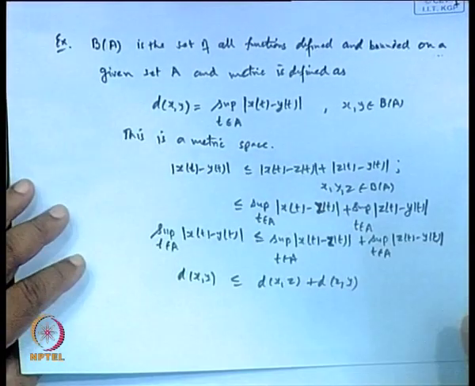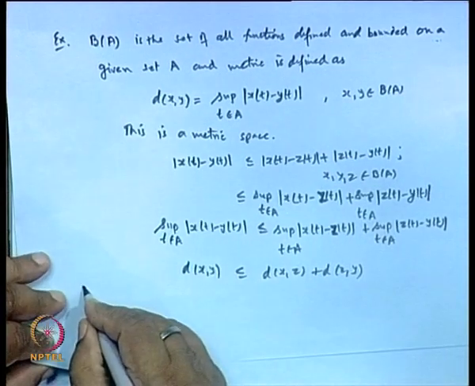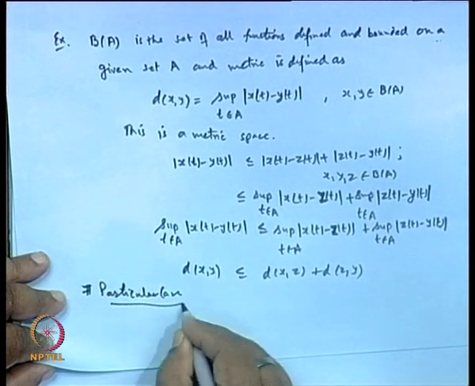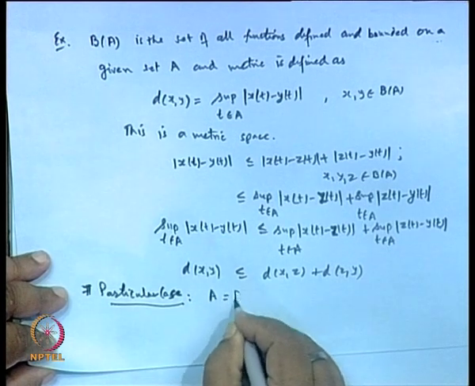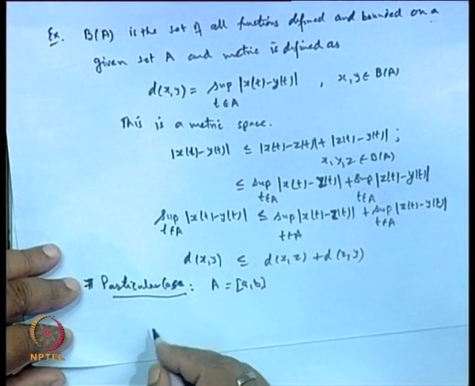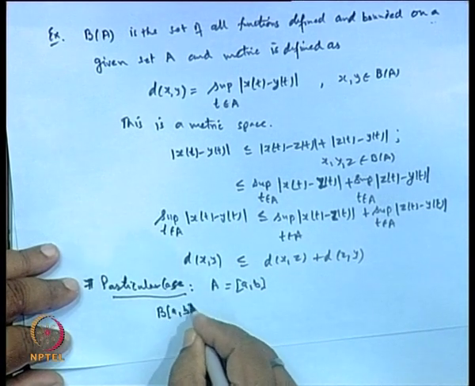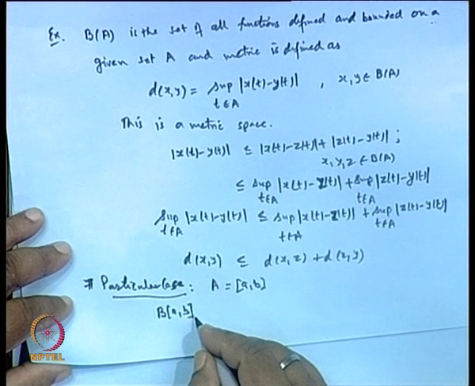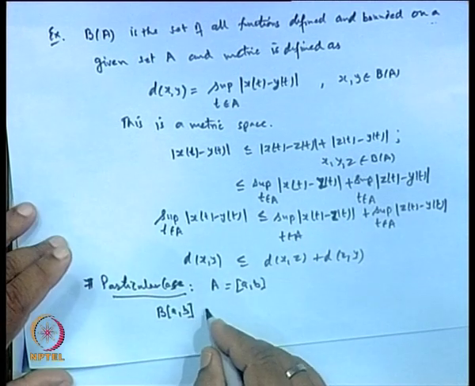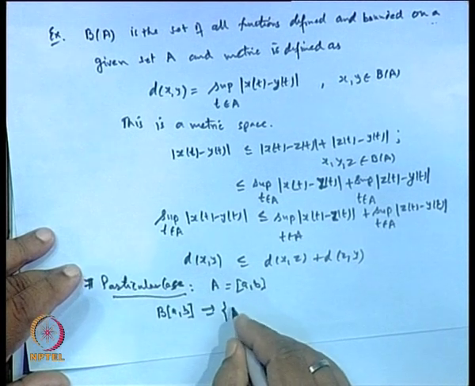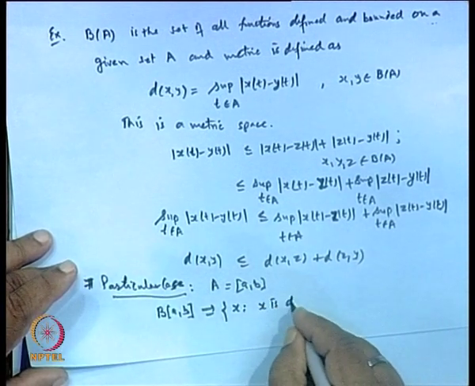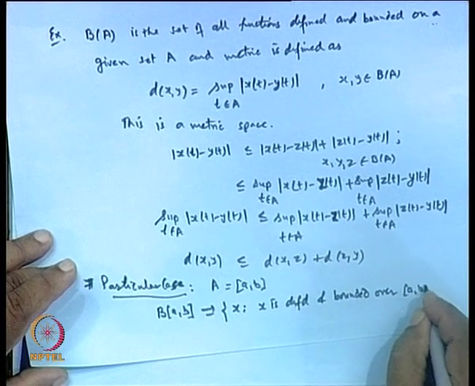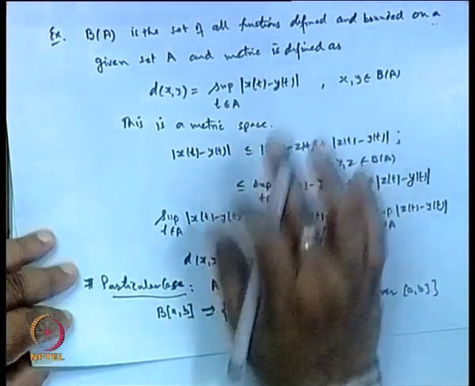So, this will be the class of all functions which are bounded. Now, as a particular case, if A is replaced by the closed interval [a, b], then this space we denote B of [a, b], the set of all bounded functions x defined and bounded over the closed interval [a, b], and the metric is defined in terms of the supremum of this.